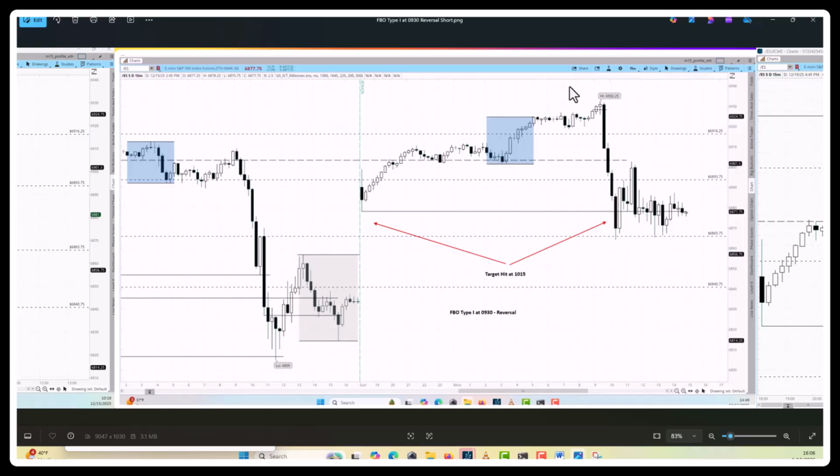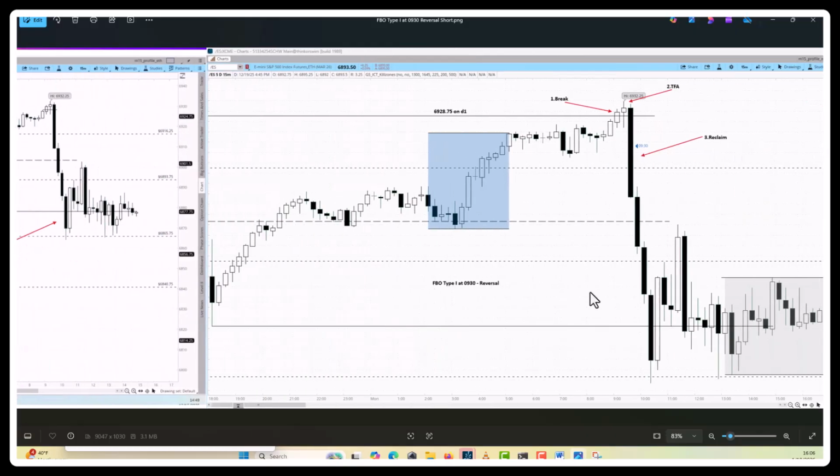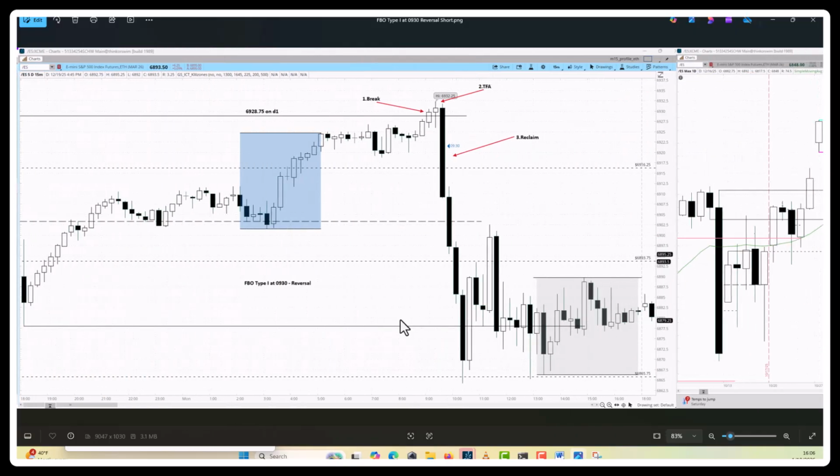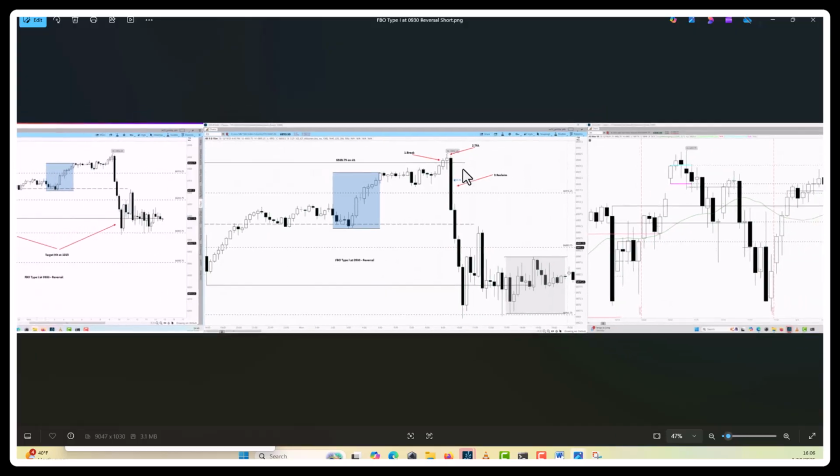It raids the external liquidity, and then it goes back to internal liquidity, which is the fair value gap. In this case, it's the gap up right there. So you have a perfect setup, everything laid out. You have the setup itself, you have the time, and you have liquidity. You couldn't ask for a better setup than this type 1 right here.